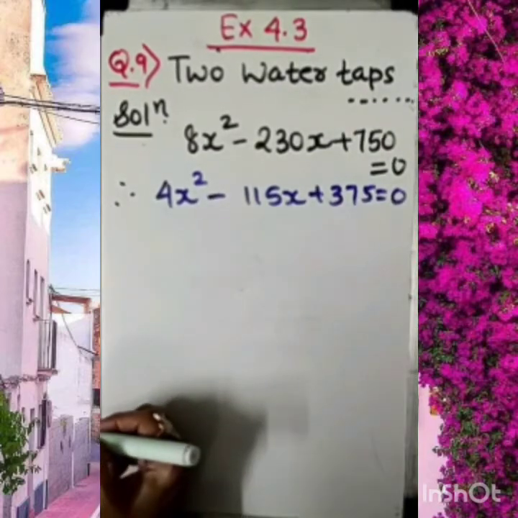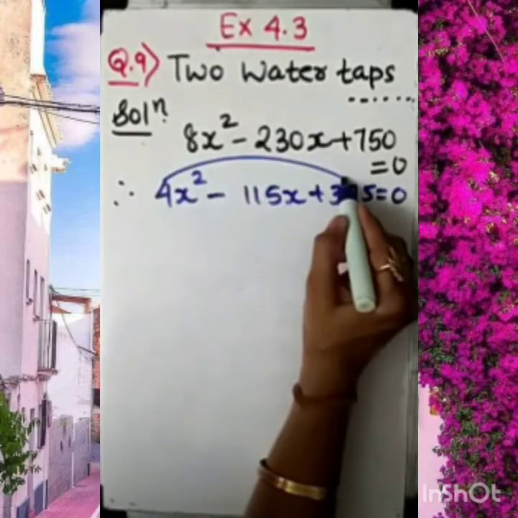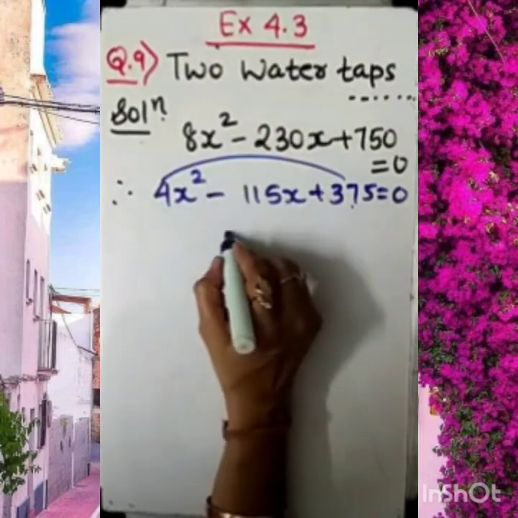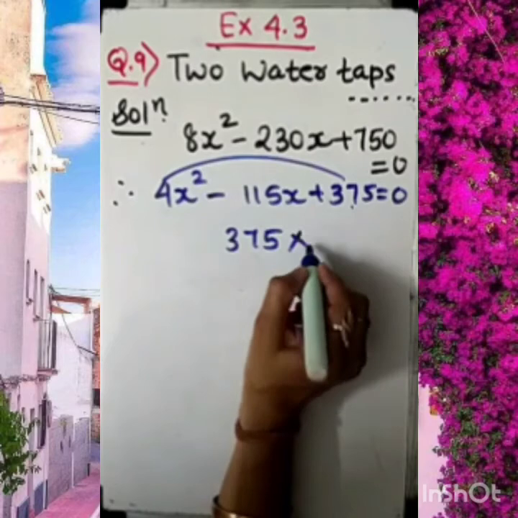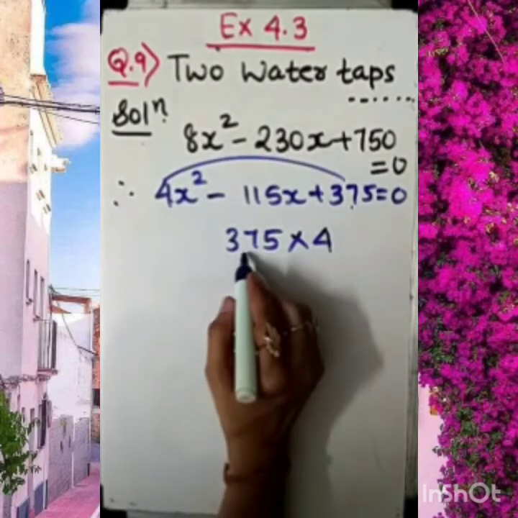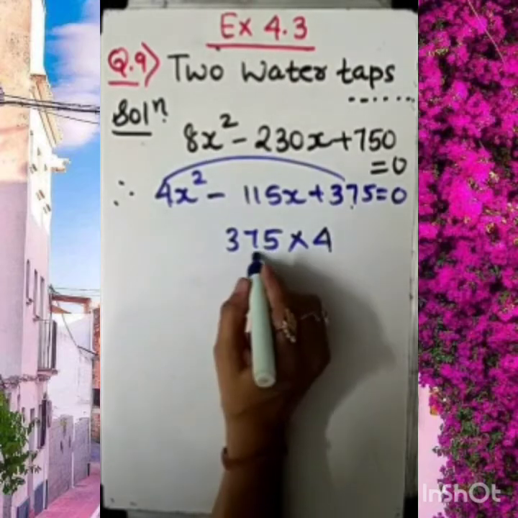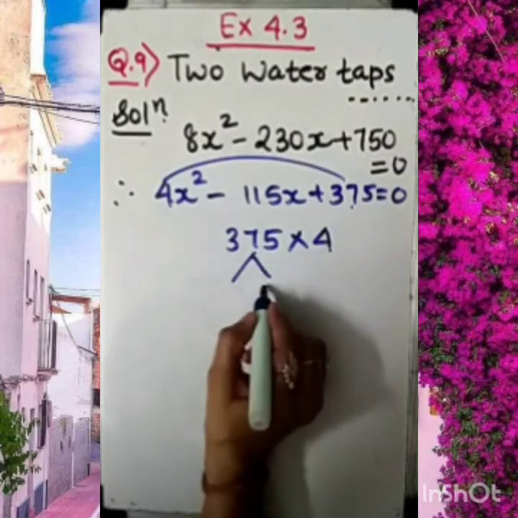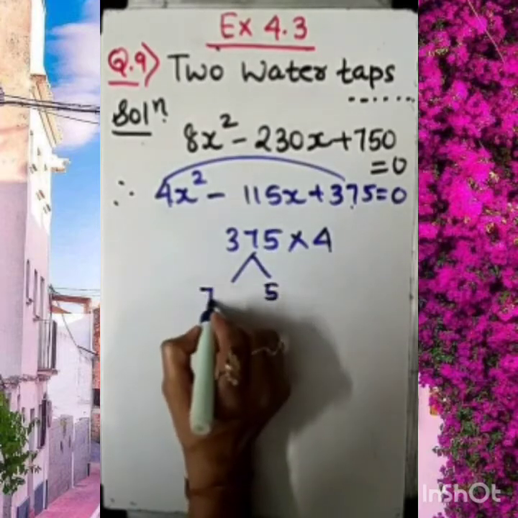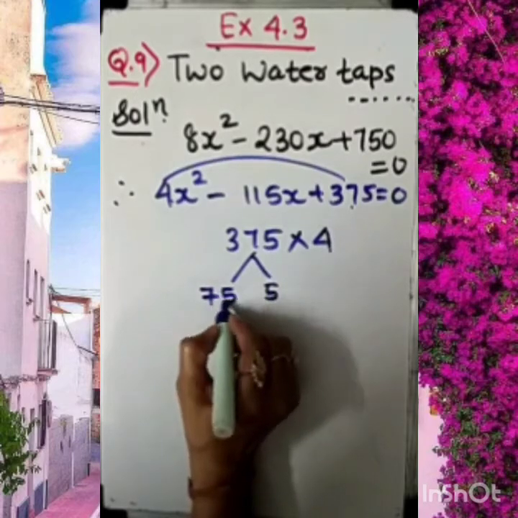Now dear student, we want to have the factors of this with this as a middle term splitting method. 375 with 4. So the factors of 375, let's find, it will be divisible by 5. So 5 sevens are 35, 5 fives are 25, 5 fifteens are 75.